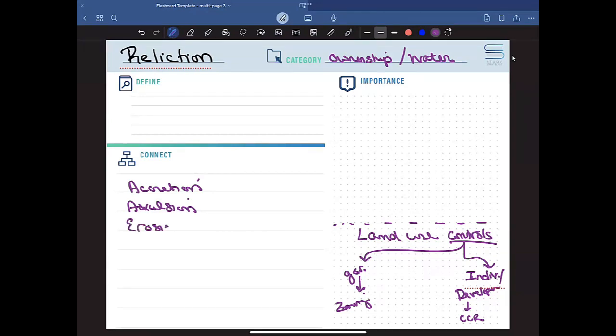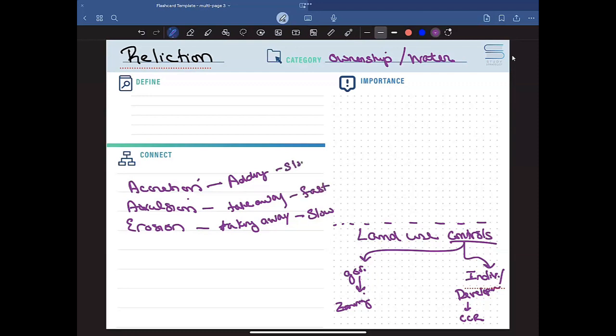It is. So accretion is adding, and avulsion is taking away. Erosion is taking away. This is slow. This is fast. This is slow. And this is slow.